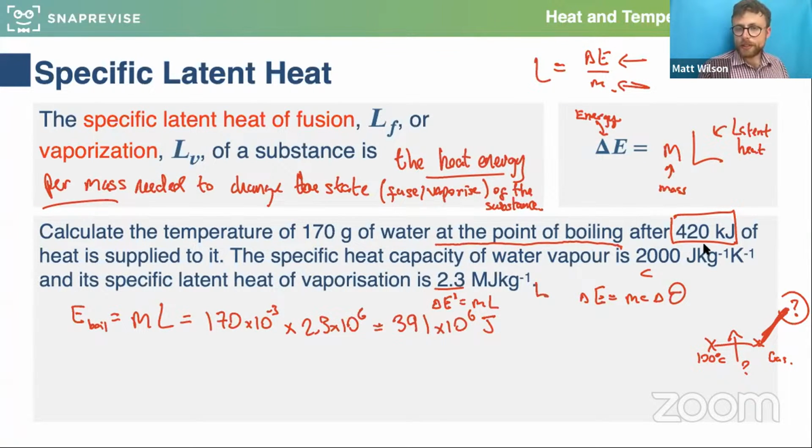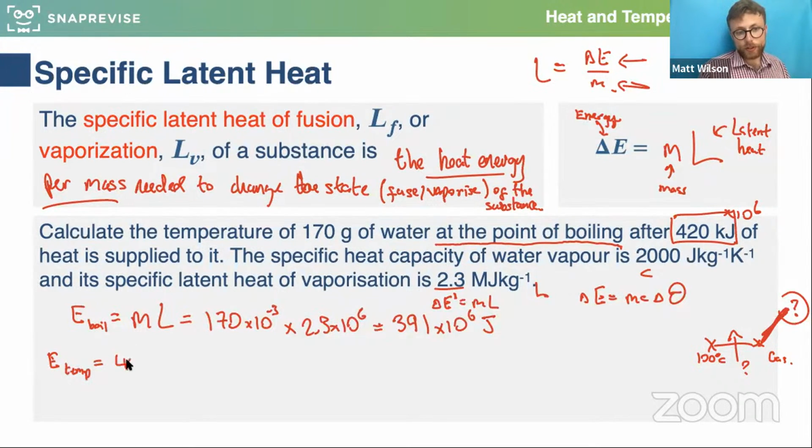Okay, now notice that we started with 420 kilojoules. So we are going to have some energy left over. So what is the energy left for a temperature change?